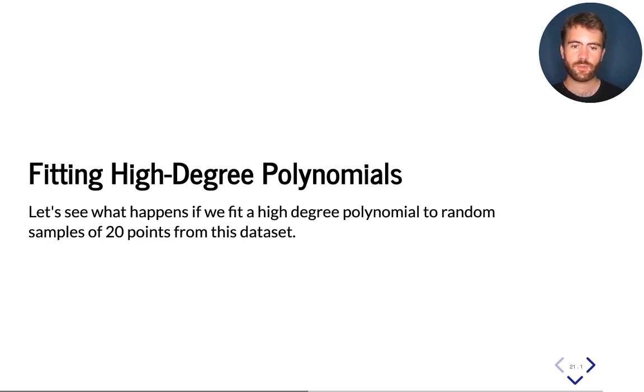So I'll just subsample 20 points at random from this data set. And then on each of these smaller sub-data sets, I will train the same polynomial algorithm with the same polynomial degree, but it will give us a different model on each subset of the data.